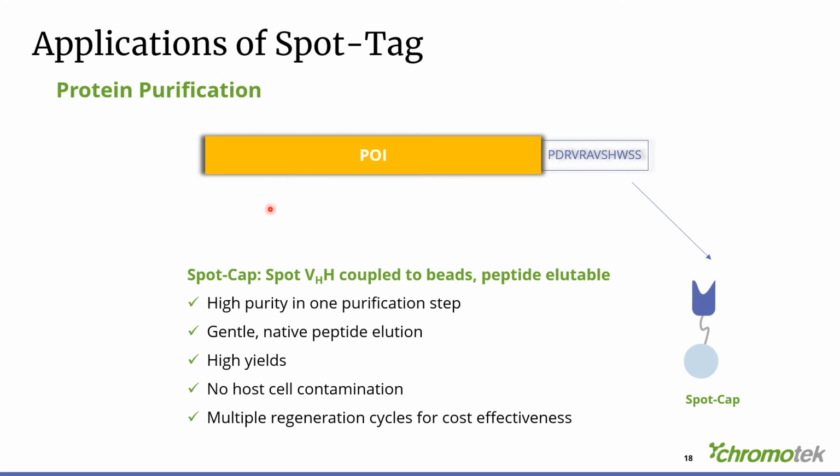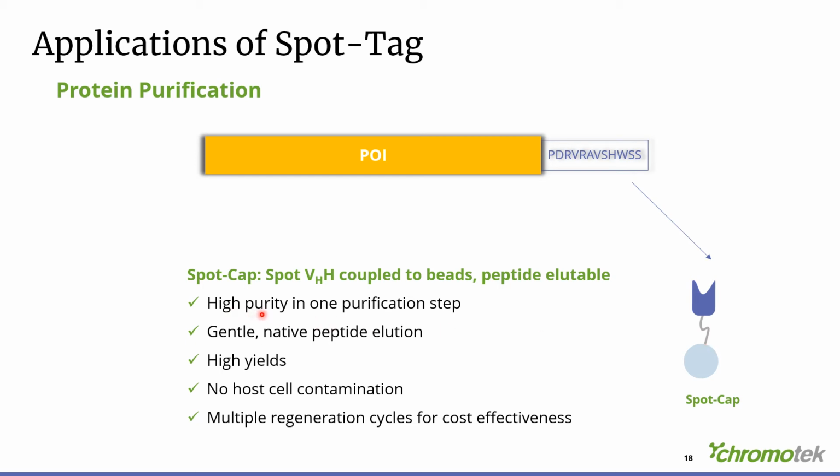Now I would like to introduce protein purification using the Spot-Tag. So again, we have our protein of interest that is tagged with a Spot-Tag. And here we have a dedicated nanobody, Spot-Nanobody conjugated to beads that we call Spot-Cap. Spot-Cap is modified in a manner that it is peptide elutable, even at temperatures of 4 degrees, in a very effective manner.